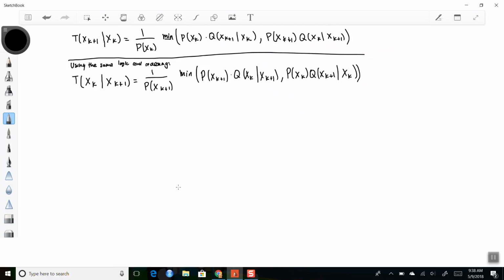Okay, so we have that, and what we need to show is that the transition from xk to xk plus 1, given that we are at xk, times the probability of xk, this being our detailed balance condition, is going to be equal to this whole thing times the probability of xk.